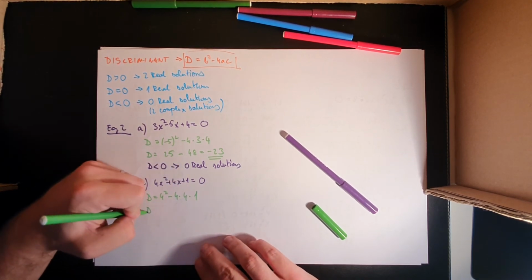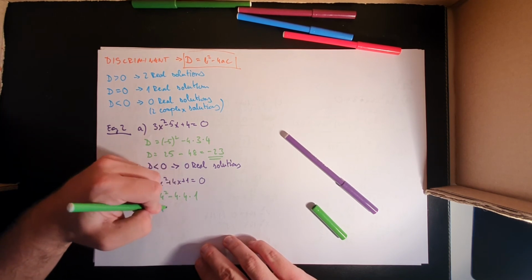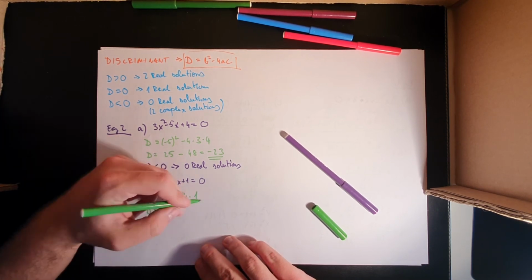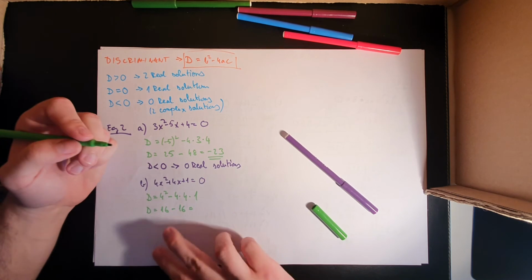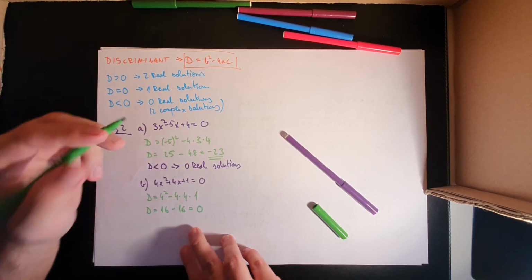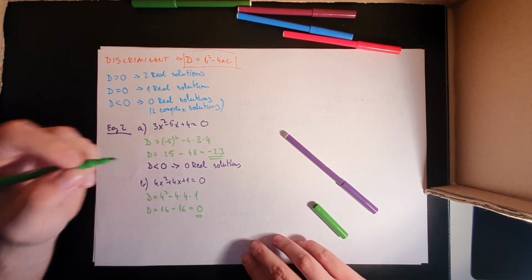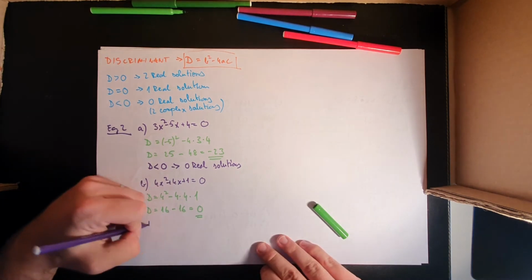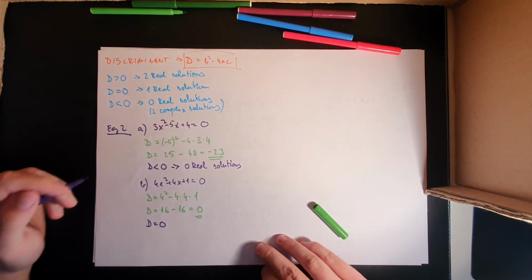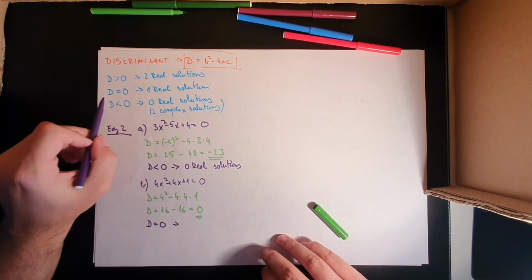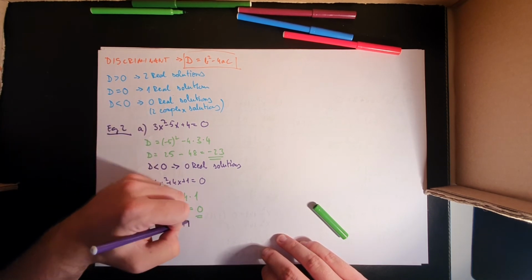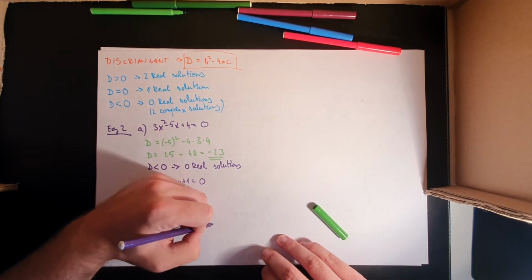Okay. D is equal to 4 squared is 16, minus 4 times 1 is again 16. 16 minus 16 is equal to 0. And now we can determine that we have D equal to 0, discriminant equal to 0, meaning there is going to be one real solution.